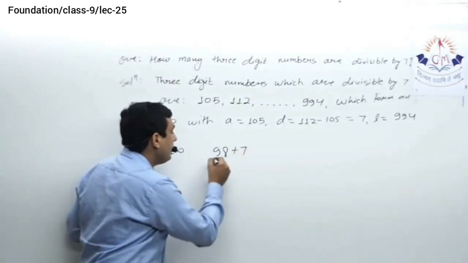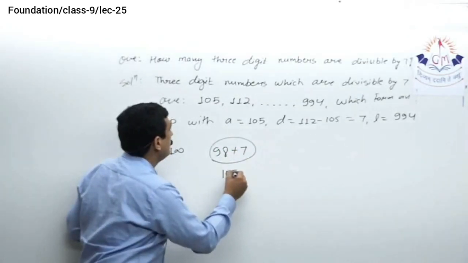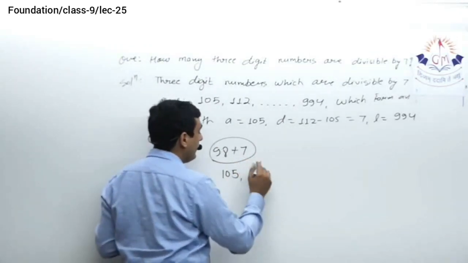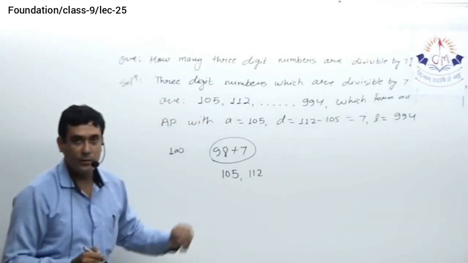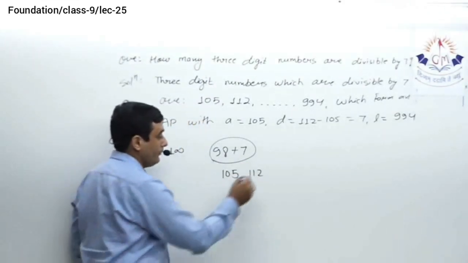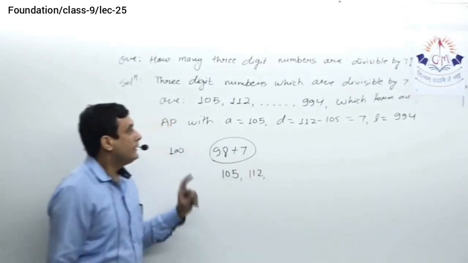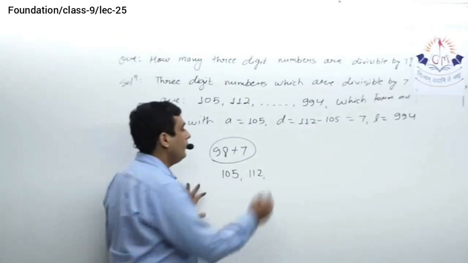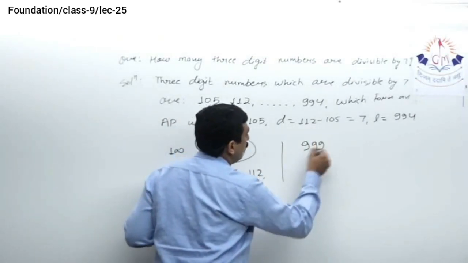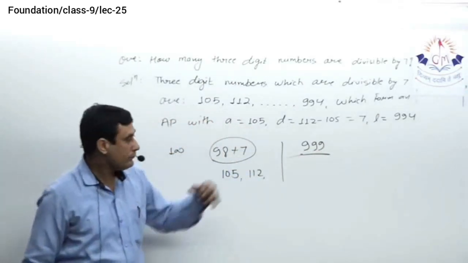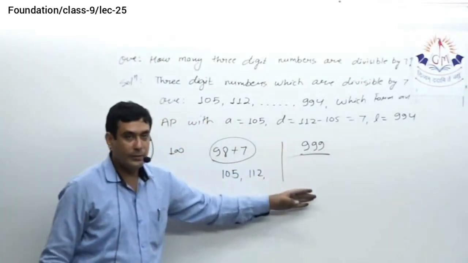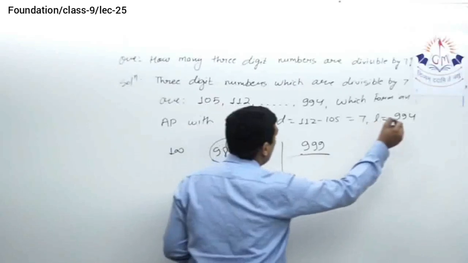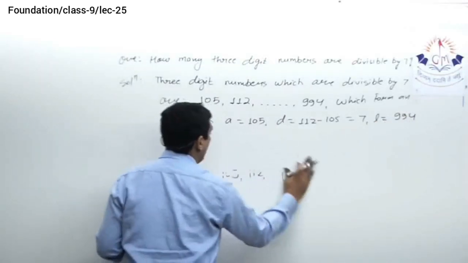On adding 7, I got my first 3-digit number divisible by 7, and on adding 7 again I got the second. Then for the last 3-digit number divisible by 7, I took 999, divided it by 7, remainder was 5, and subtracted 5 from it to get the last number.